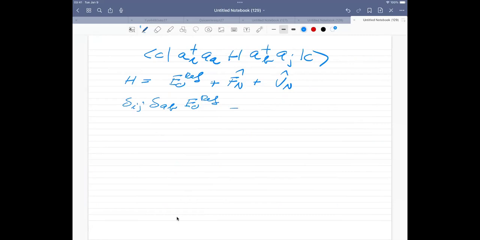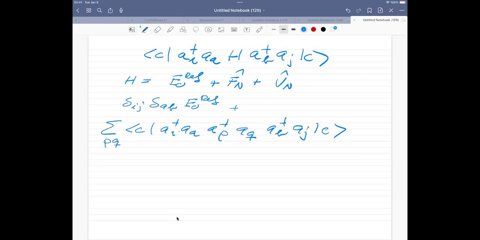And then we have a plus, and let's do this term by term. We have an AA, and then an AP dagger AQ, and then an AB AJ dagger of C. This term has a sum over P and Q, and it's multiplied with the integral P of F of Q. Actually, it's not H0, but the operator F, which in our case is the same as the Hartree-Fock operator, PQ.